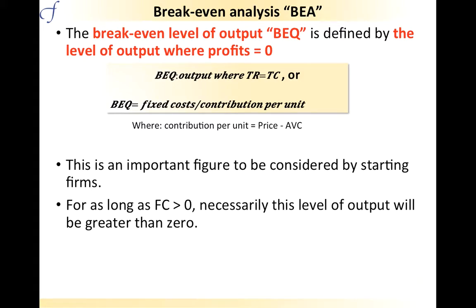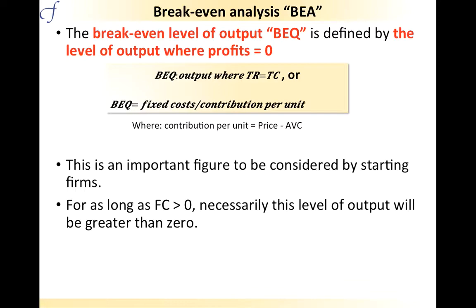Break-even analysis, again, is the calculation of how many units we need to be selling in order to make zero profit. We need to calculate the break-even quantity, or break-even level of output, where profits are equal to zero.